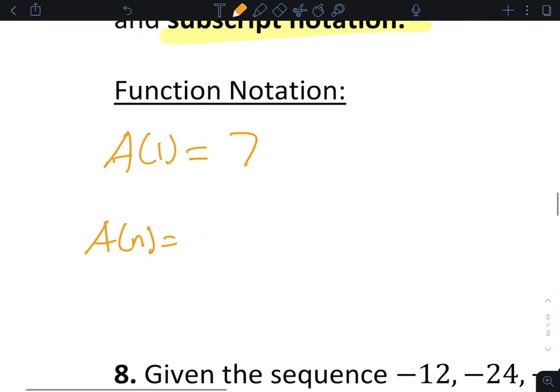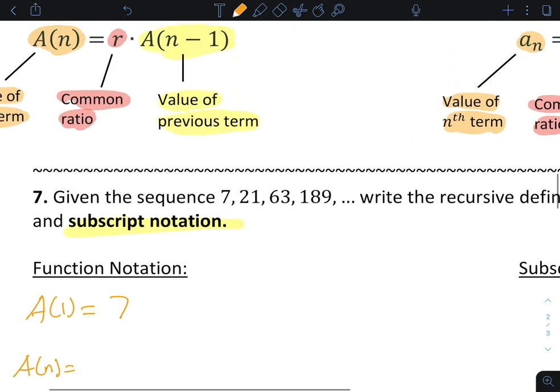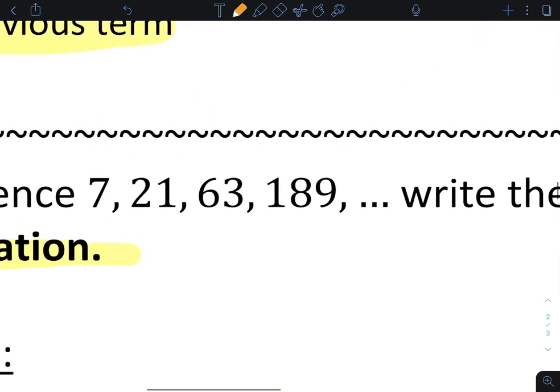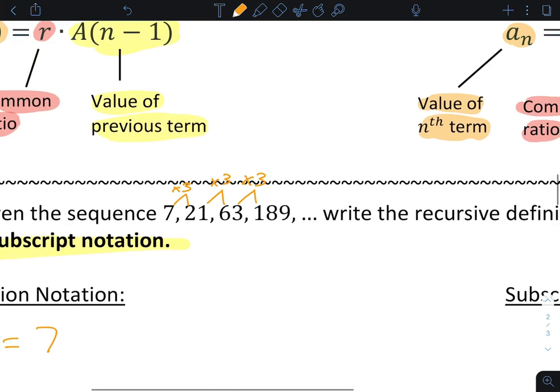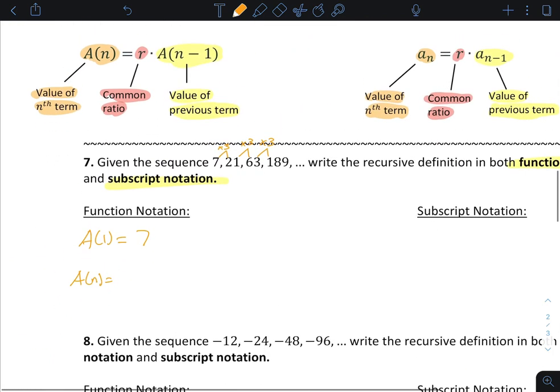And we need to write a formula here so we can find every other term using the value of the previous term. So we need to find a common ratio. So what's happening between 7 to 21 to 63 and to 189? We know we're multiplying by 3 every single time. So that means here in my equation, A of n equals R times A of n minus 1.